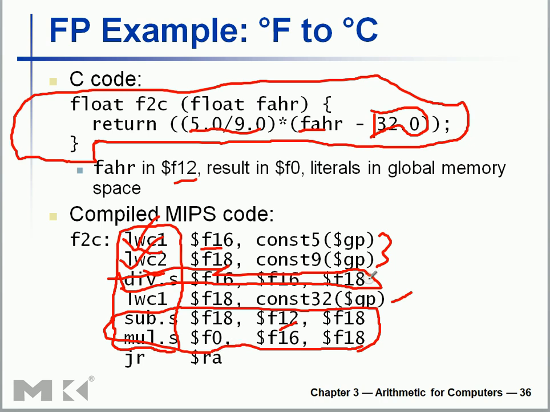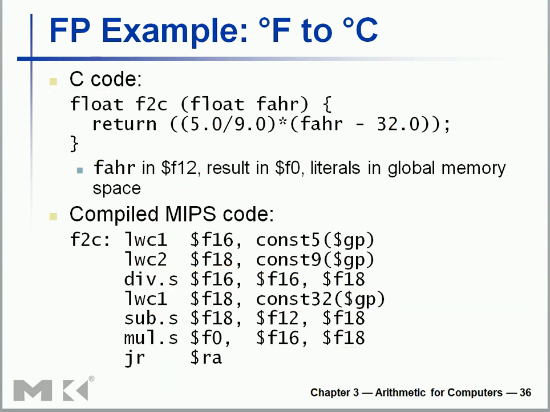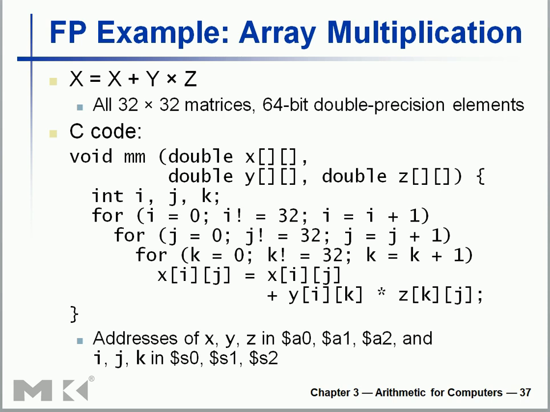This is one result, this is another result. You're supposed to multiply these two and store it on F0. Result is in F0. Okay, so F16 this thing, F18 this thing, and so it's the same thing. This is just an extra. Probably you will not need floating points, hopefully.